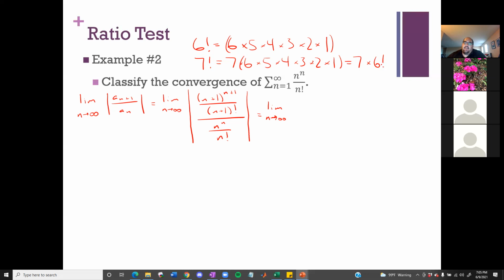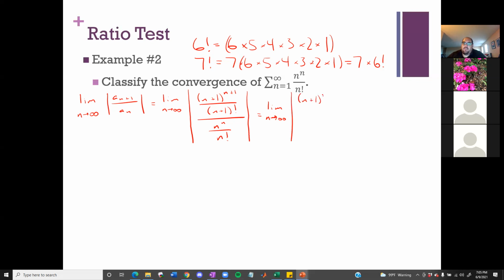So because of that, I eventually want to cancel out as much of this as I can. So what I would like to do is this. I want to rewrite n plus 1 factorial, and I'll leave everything else the same.